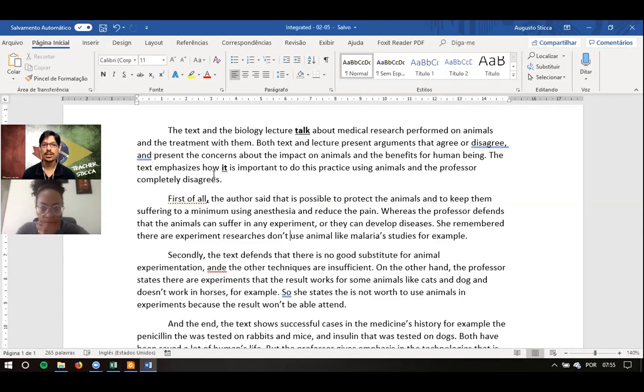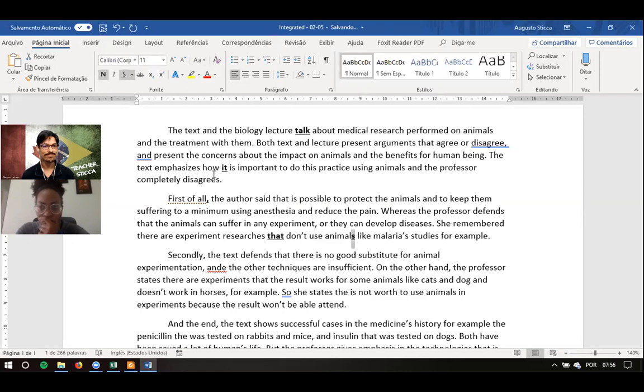Remember, there are experimental researches that don't use animals. You need that, because you have a verb here. I think this has to go in plural. Like malaria studies, for example.